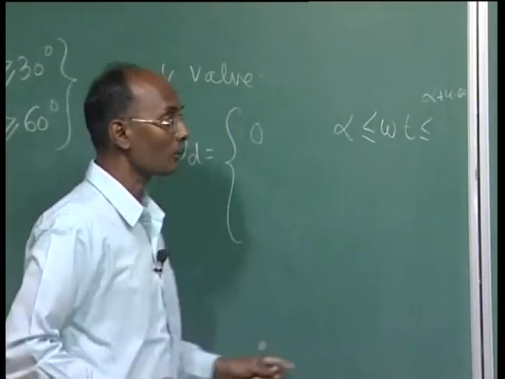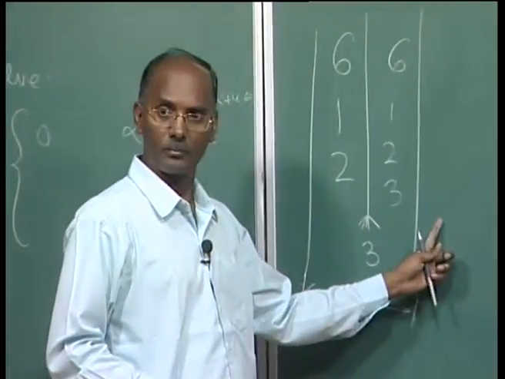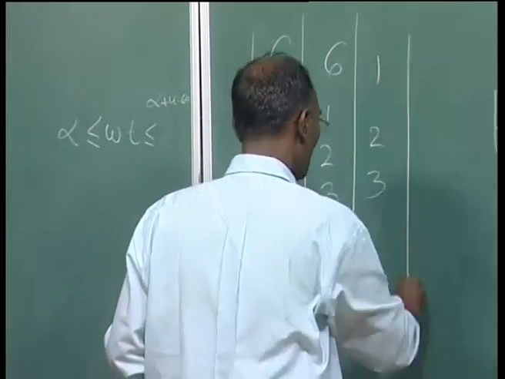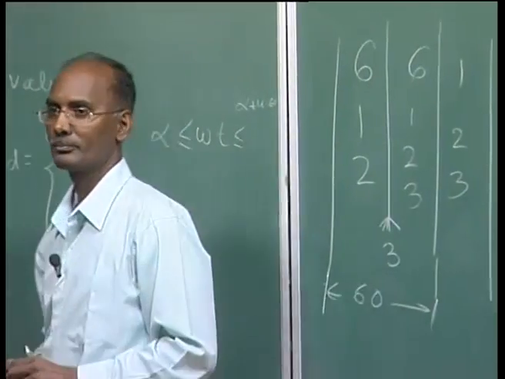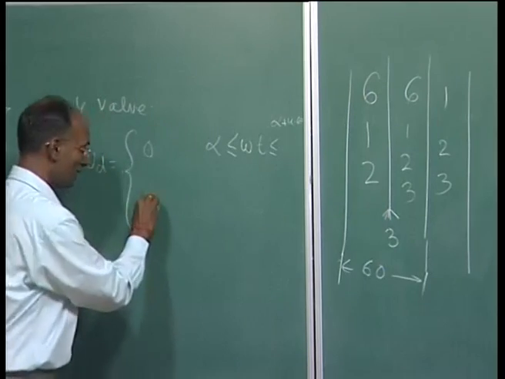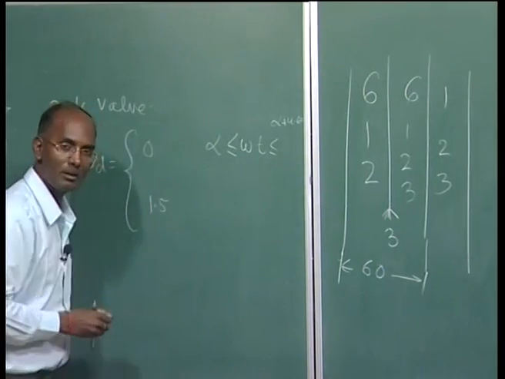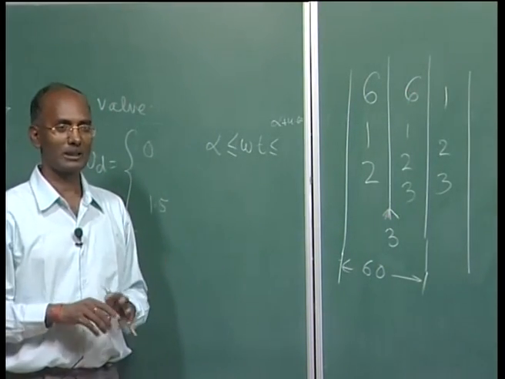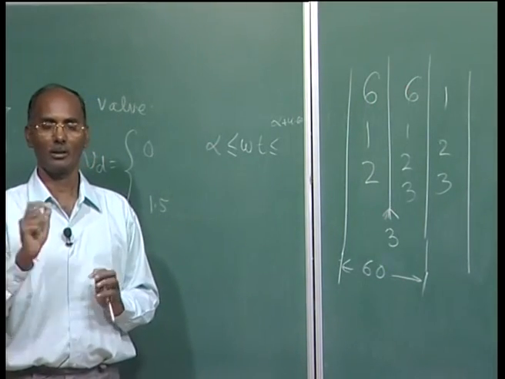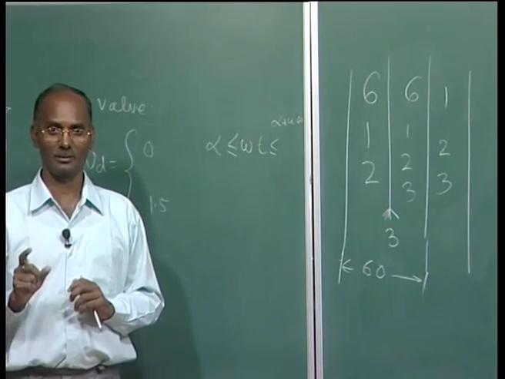Now, once we go for the 3 valve conduction, so now it is 1, 2 and 3, what will be the output voltage? It will be 1.5, because once 3 valves are conducting, the voltage is 1.5 times the phase voltage.